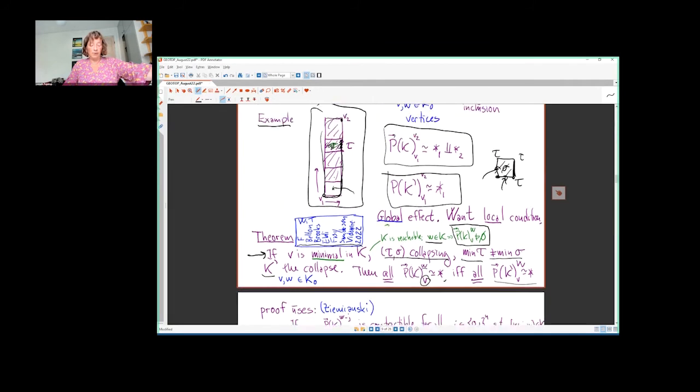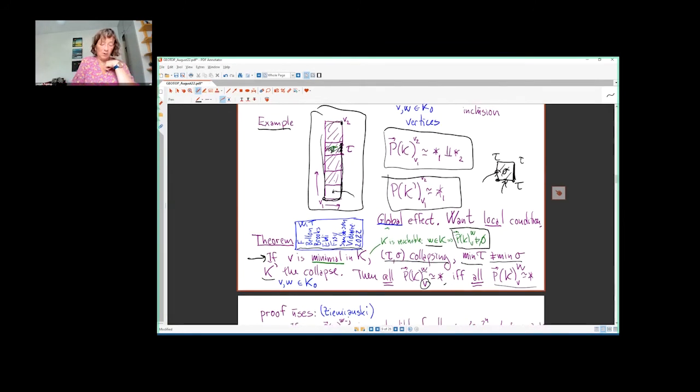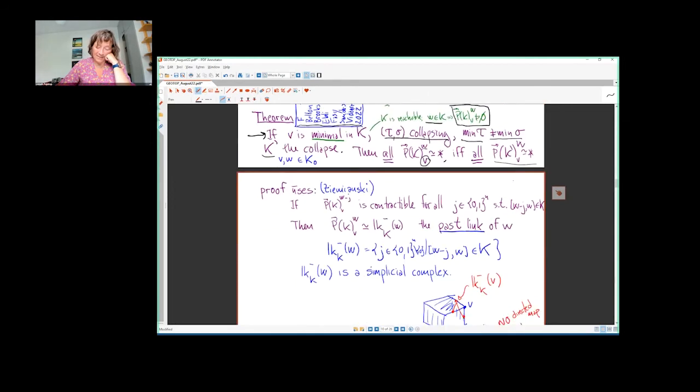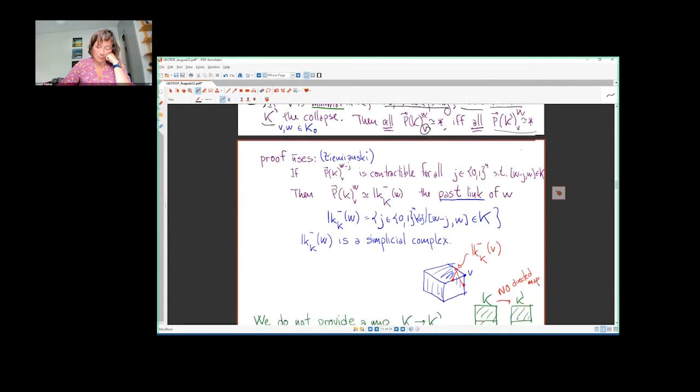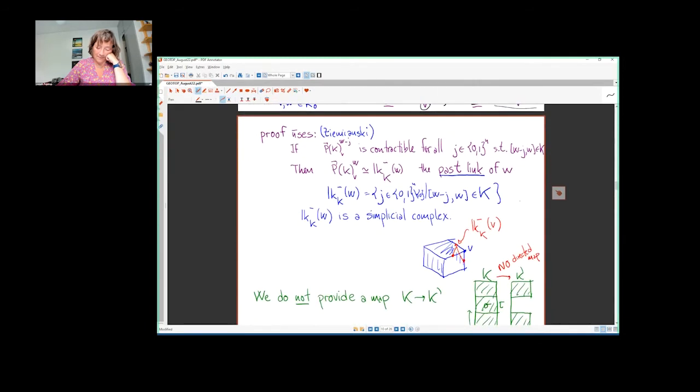So how would you prove a thing like that? Because we know things are complicated because of this up here. Well, what we do is we use one of these combinatorial things. Krzysztof Szymanski has the following, which is more or less using the nerve lemma.